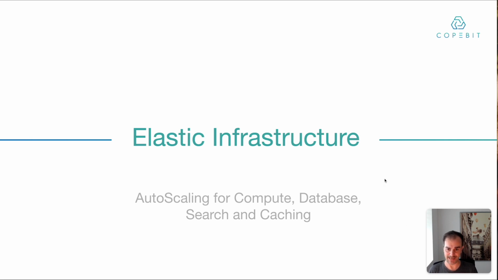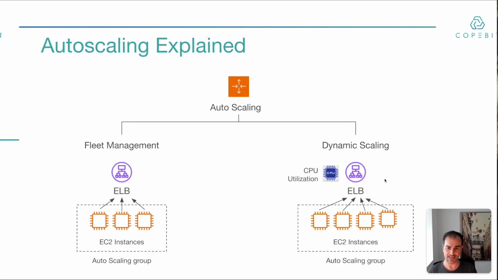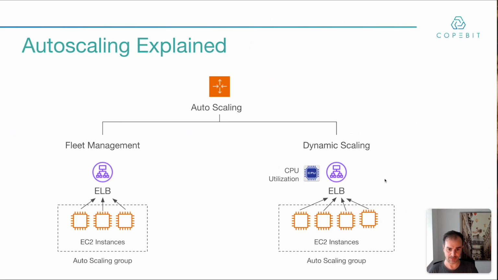So we want to find solutions so that we can auto-scale compute, databases, search and caching at the same time. So let's look first at compute. With compute, we have had the ability to use auto-scaling for a long time.